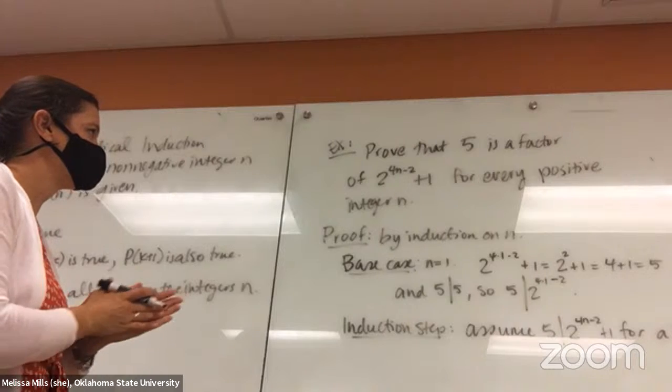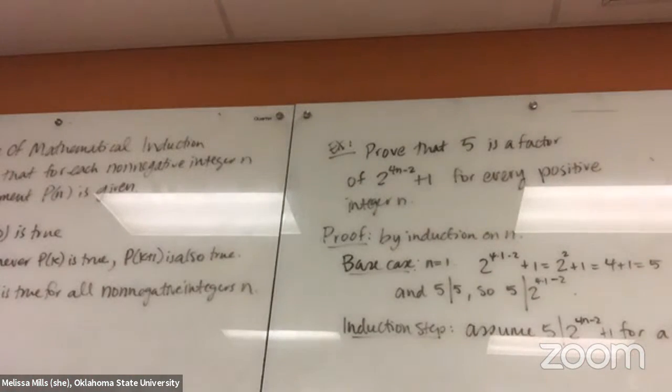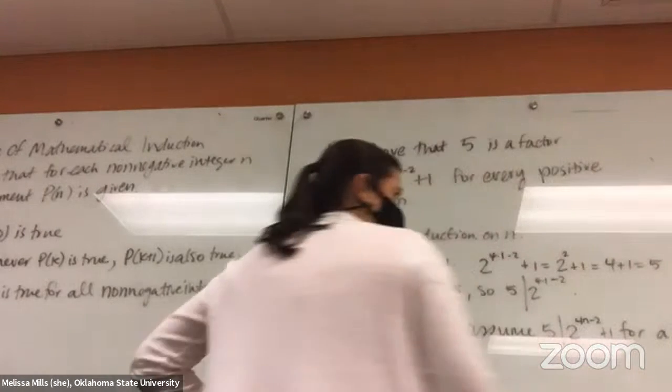Okay, then where are we trying to go here? We want to get that 5 divides 2 to the 4 n plus 1 minus 2 plus 1, right? That's the reason. Okay, any thoughts?